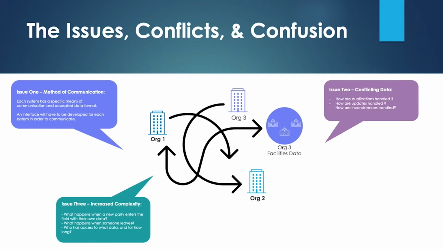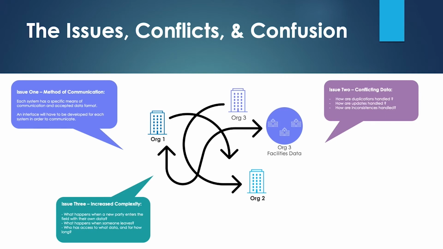So here are a few of the common issues that are faced when it comes to interoperability between systems. The first issue is one of communication. Each system has an accepted format and specific means in how it's interacted with.